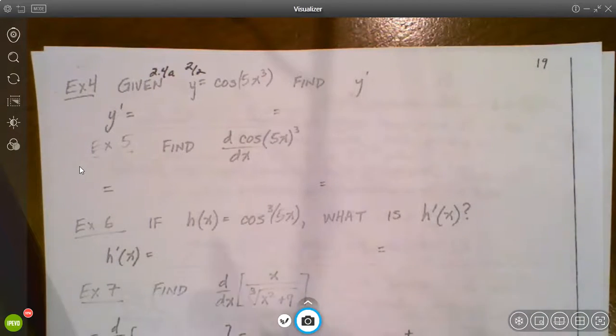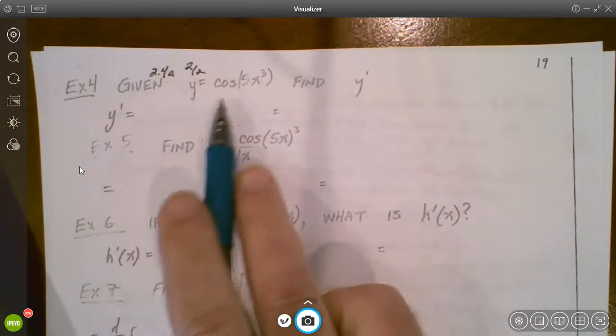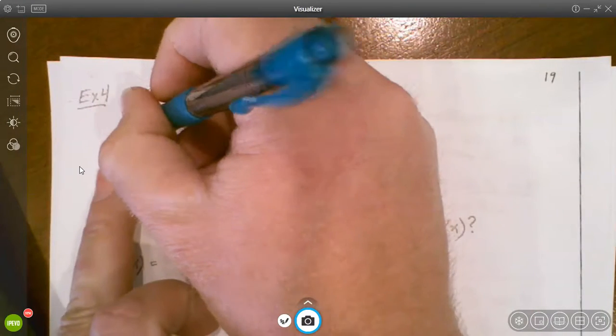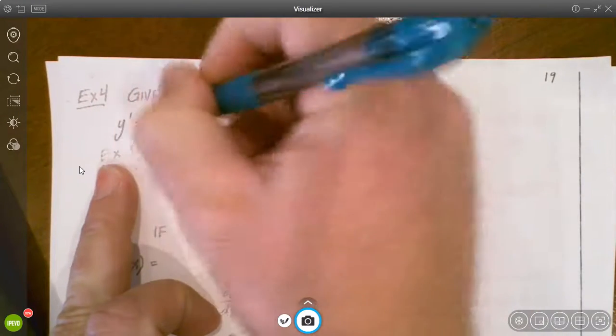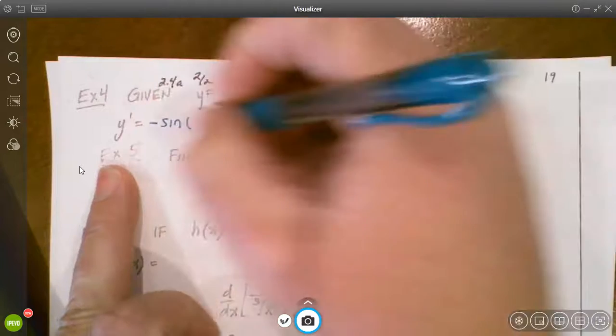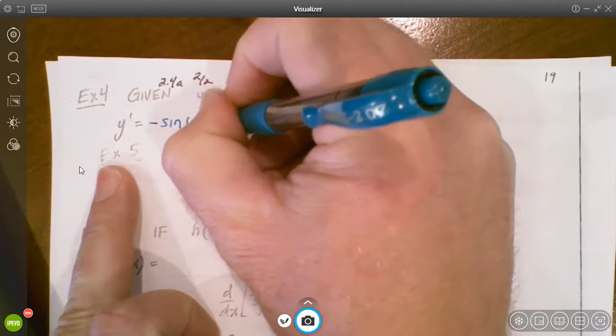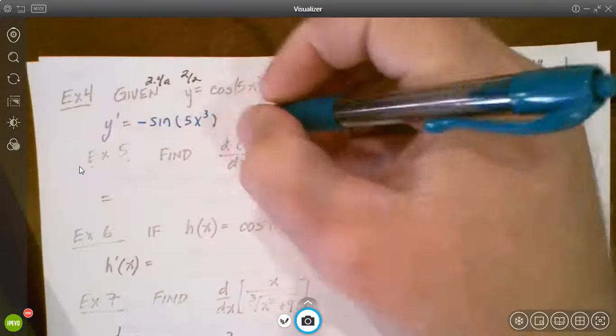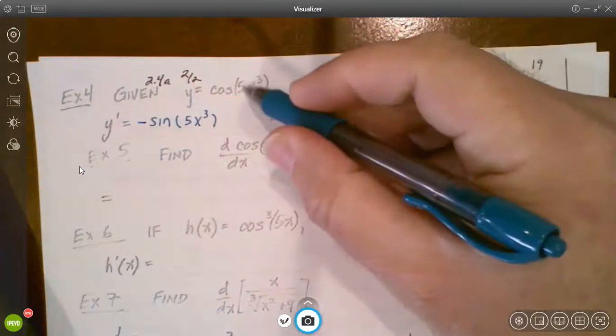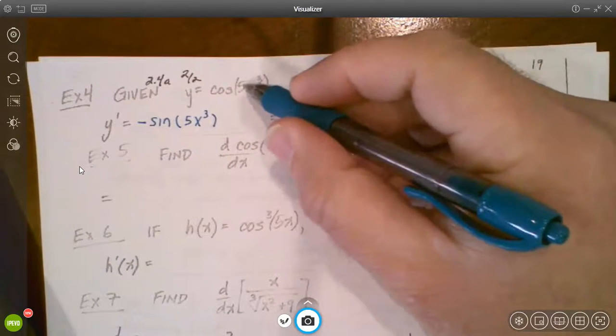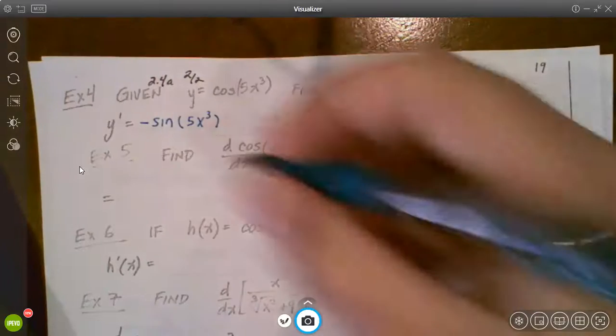So we're going to do that chain rule where we start with the derivative of the outside function. Derivative of cosine is negative sine. We leave the inside alone, so 5x to the third. So it looks like that. And now we multiply by the derivative of the inside function, which would just be 15x squared.